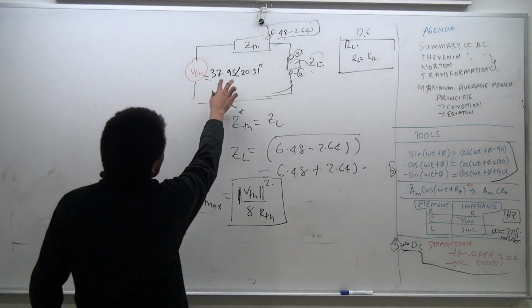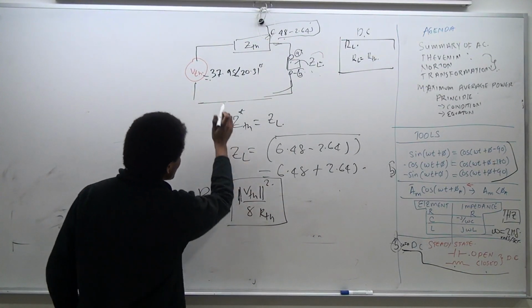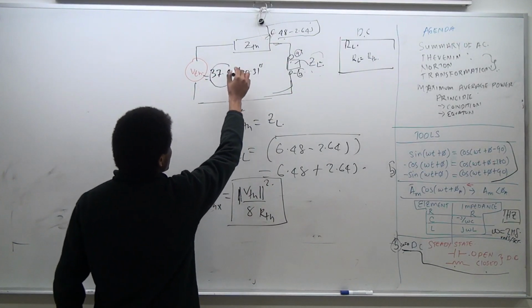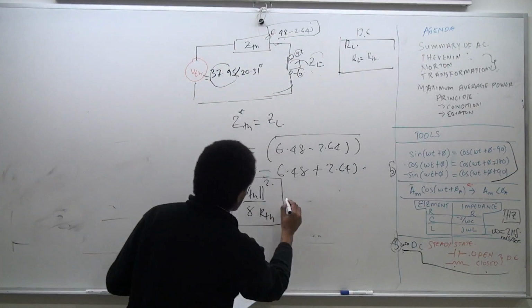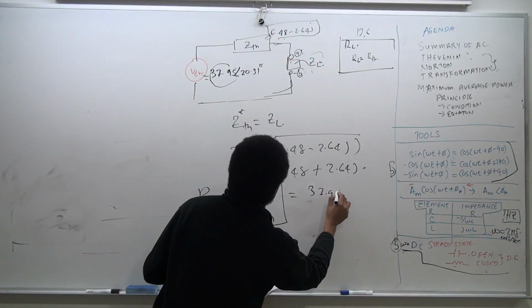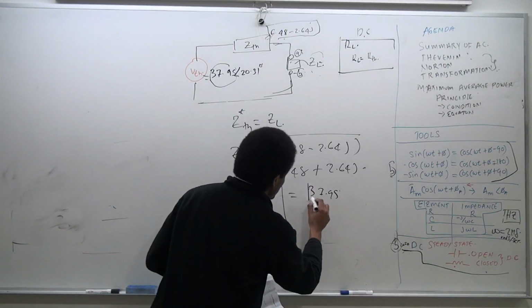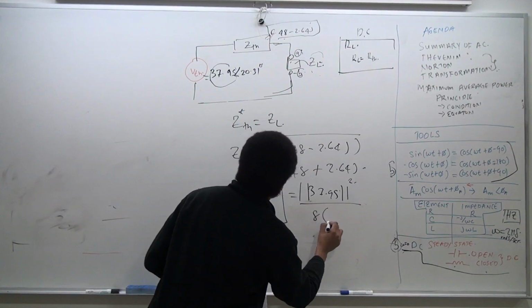So in this case, taking the voltage modulus squared, I get 37.95 squared. I told you this could be negative, but it's taken care of by the square, and then you have the 8.